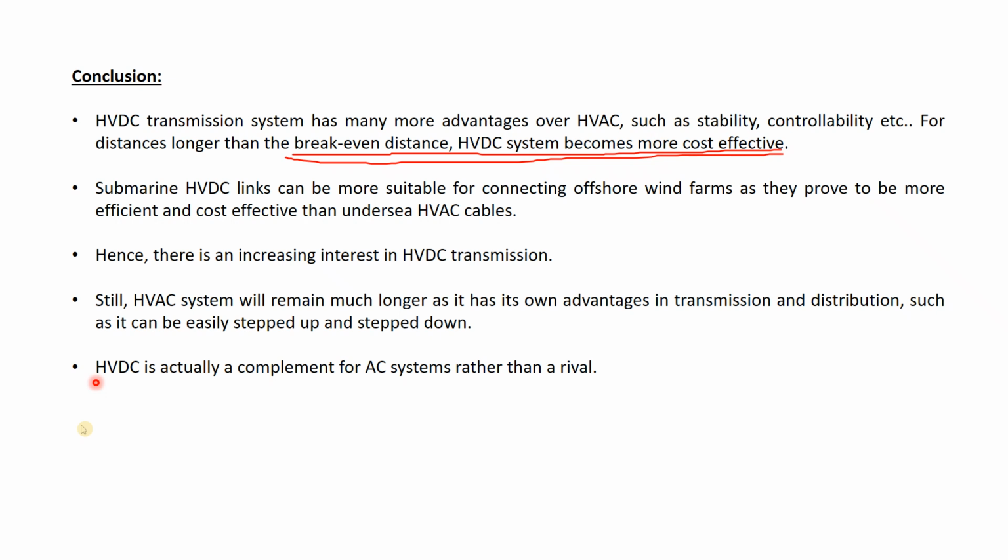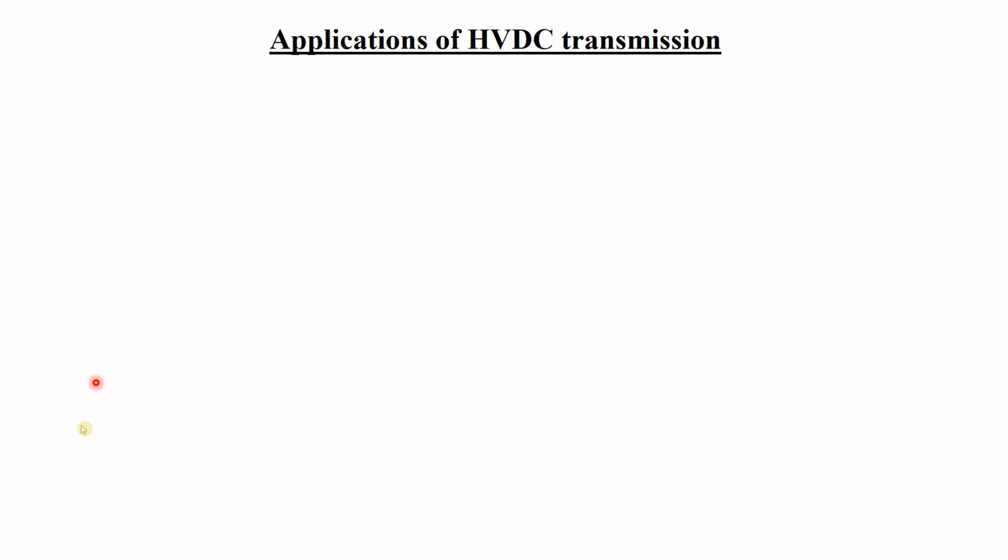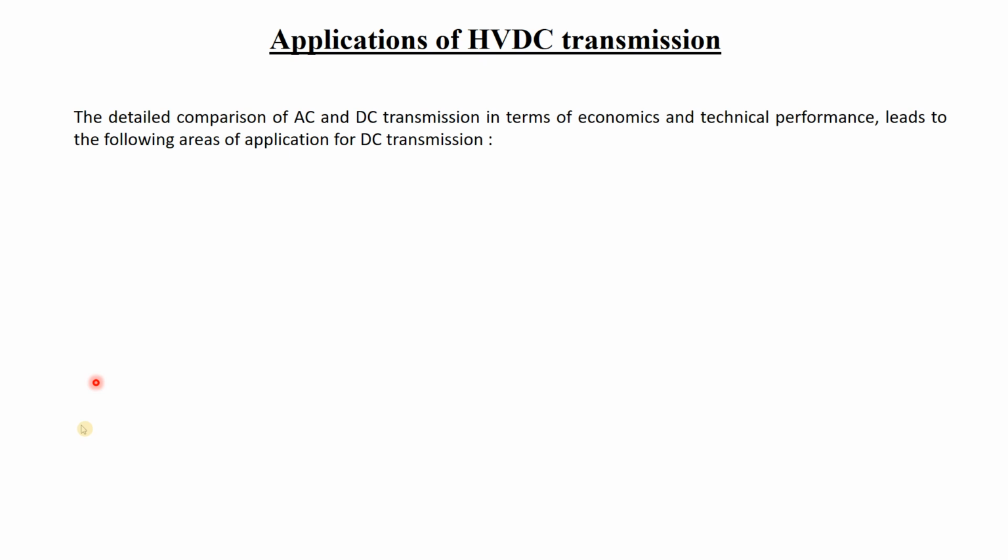Basically, for HVDC transmission we have to use AC, otherwise we would have to generate HVDC power at a voltage of 700 or 800 kV. No, the generator can generate voltages of 11 to 15 kV, the maximum 21 kV. Then it has to be stepped up to that high voltage using an AC transformer, because transformers work on AC only. So using a transformer we will step up, then we can rectify it and convert to DC. So obviously for HVDC also we require AC power.